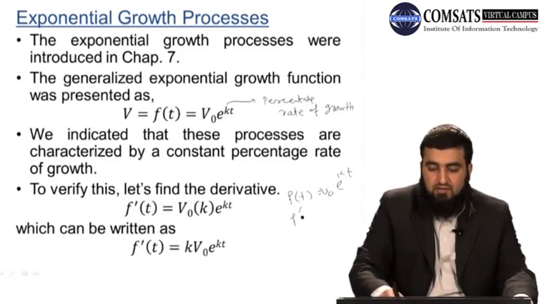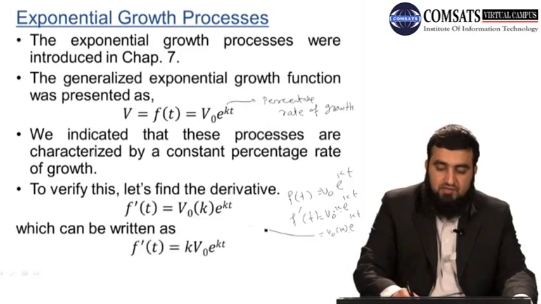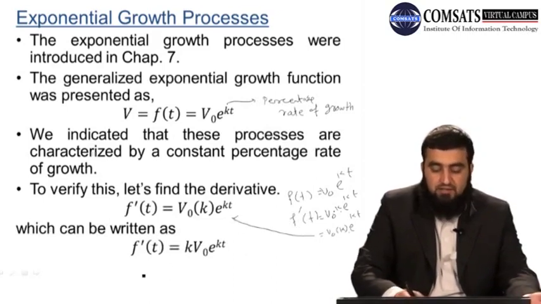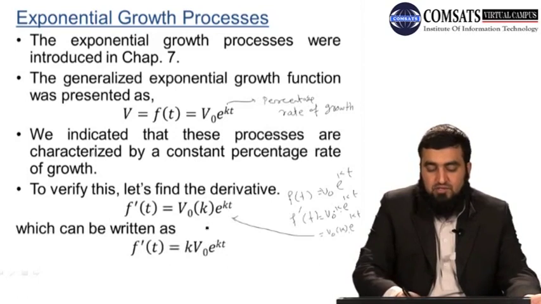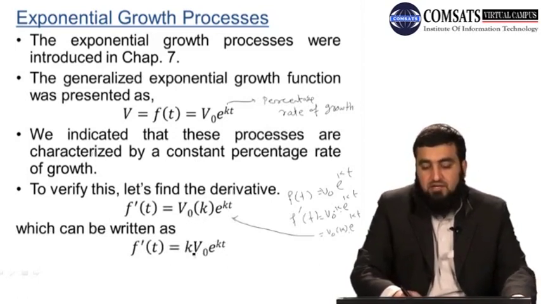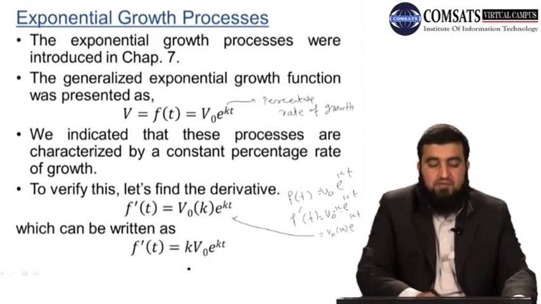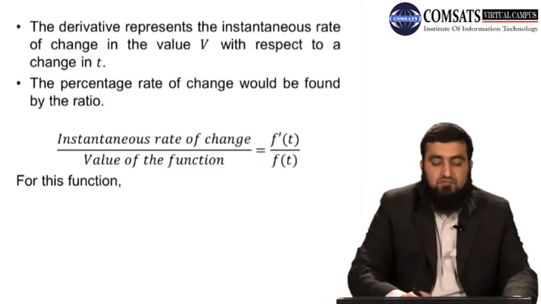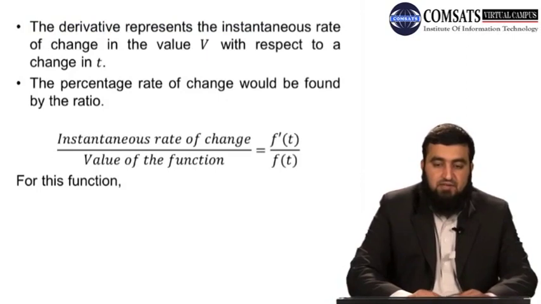So what is f prime of t? The constant comes out, times e to the power kt, and here k comes out. So you can write it as v naught into k into e to the power kt. This is the expression given here for f prime of t, and since these are constants, we can also write it as k times v naught into e to the power kt.